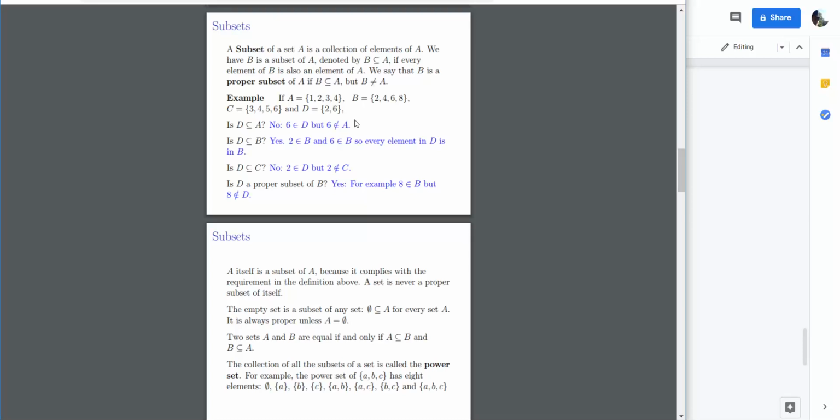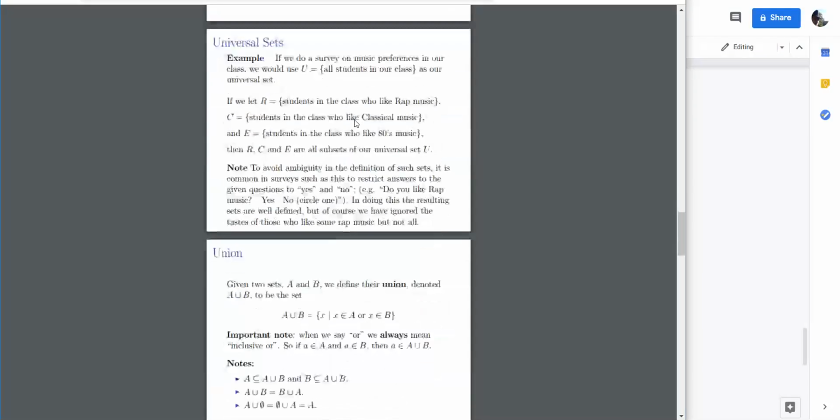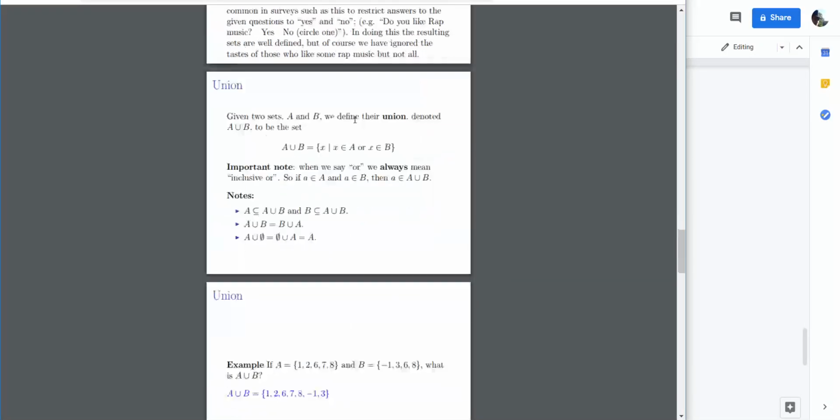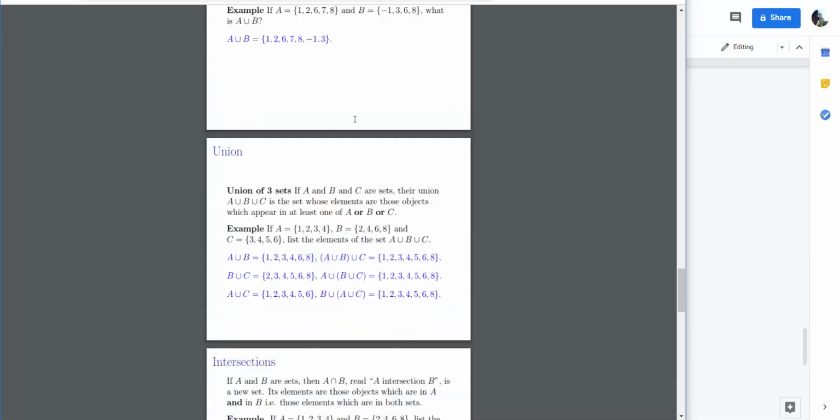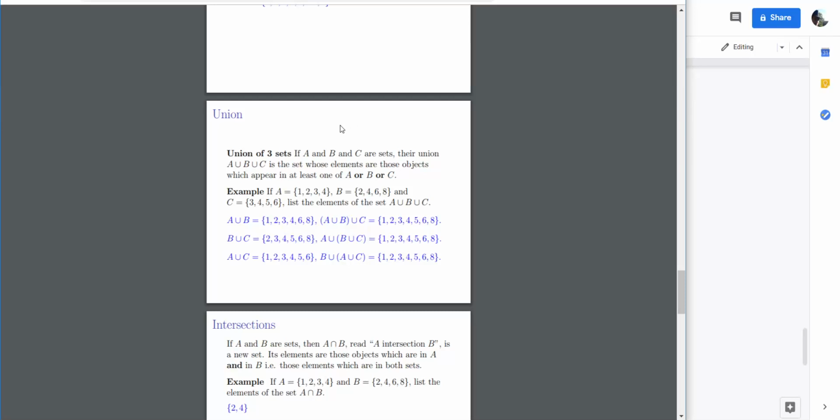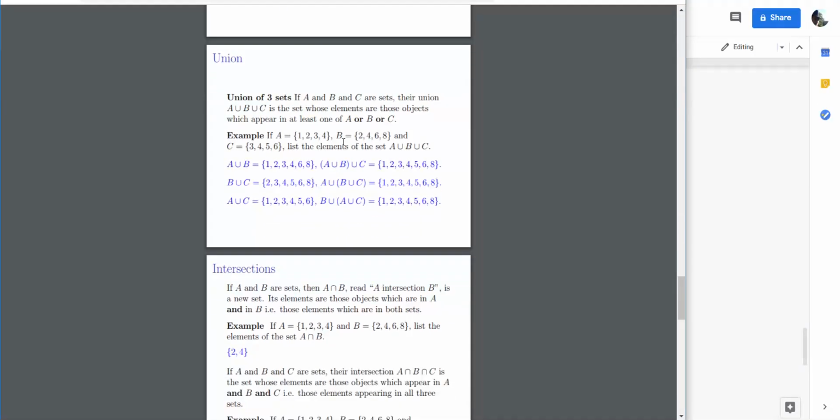Okay, so these are the subsets, universal sets. Yeah, the union is totally fine. Okay, union is totally fine here. And then the associative rule applies here.